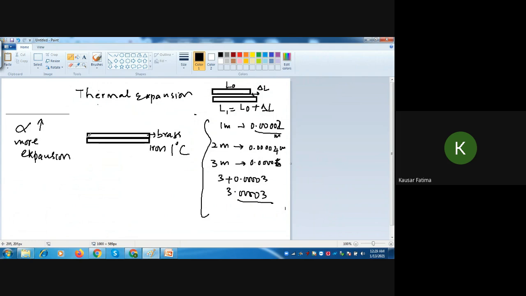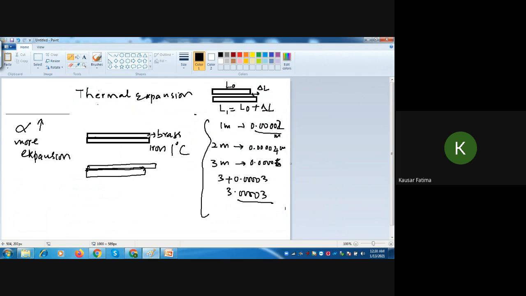When we join them from end to end, brass cannot become longer like this on heating. Brass, of course, tends to become longer, but this will not be allowed because it is tightly welded here. We weld them tightly from end to end, so no allowance for expansion is given. So what will happen?